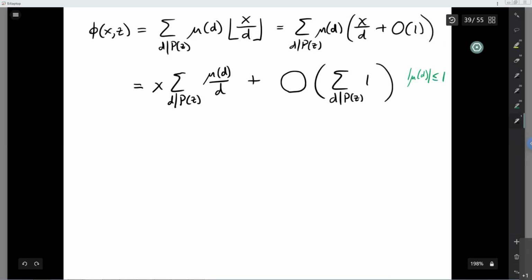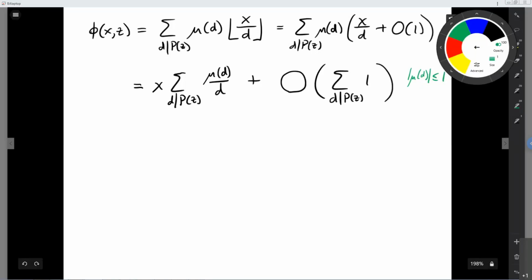So now we've got some main term and we've got some error term, and these are going to be exactly the main term and the error term that we're looking for. This main term has a factor as a product over the primes that are smaller than z, and the error term here is supposed to be exponential in z.